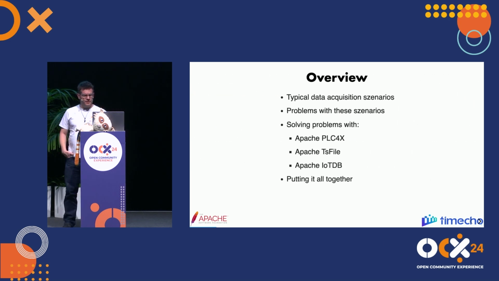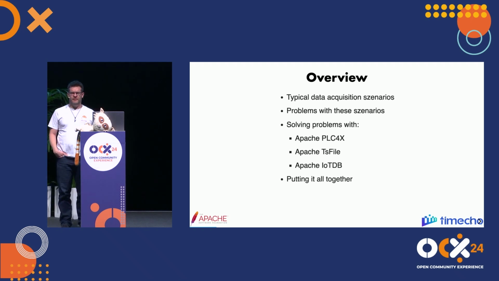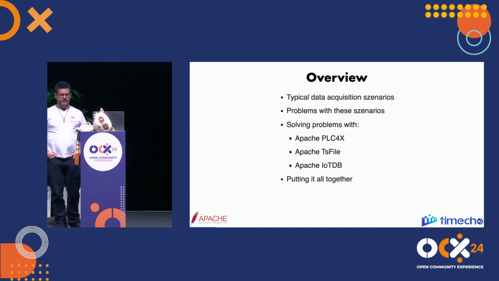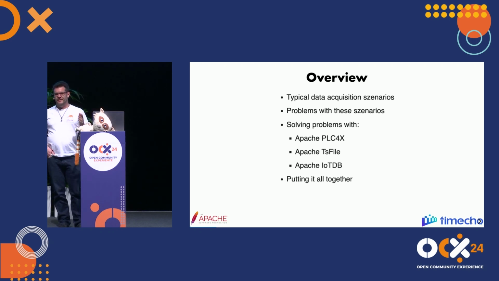So what am I going to be talking about? Well, I'm going to be sketching out a few typical data acquisition scenarios I've come across over the last 8 years, where I've been completely working for industrial use cases, and especially go into the problems I run into. Because even if you go to the industrial fairs where they all talk about all of their awesome success, actually there's a lot of failure in that.